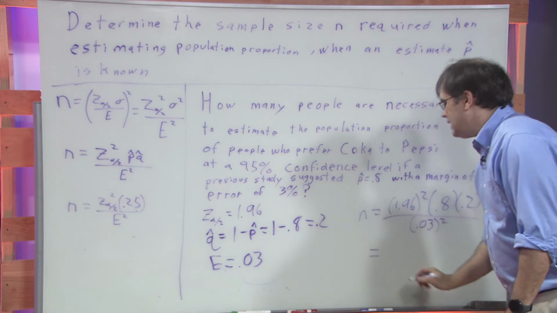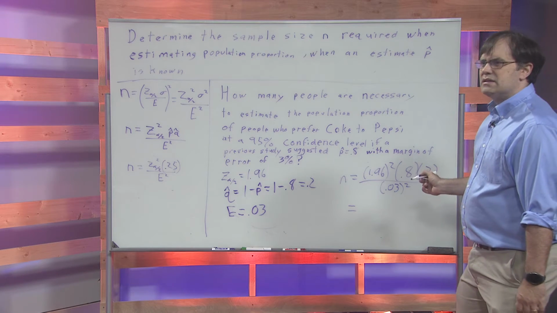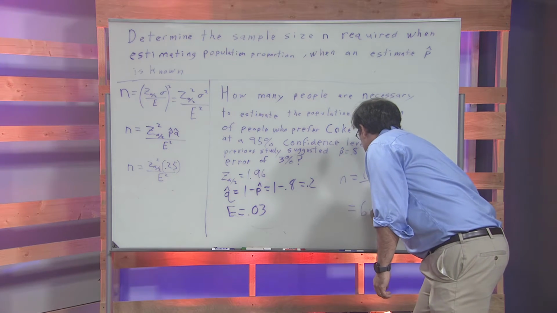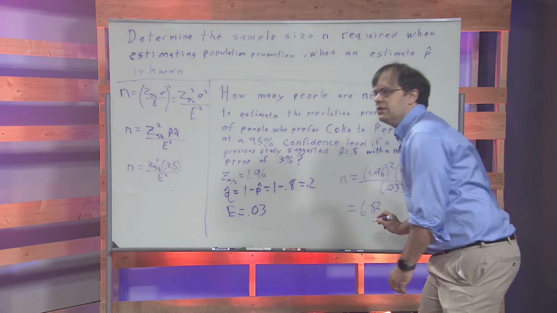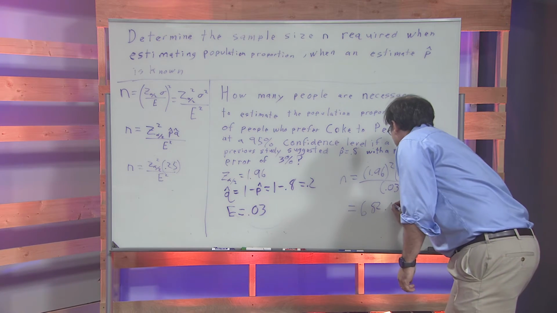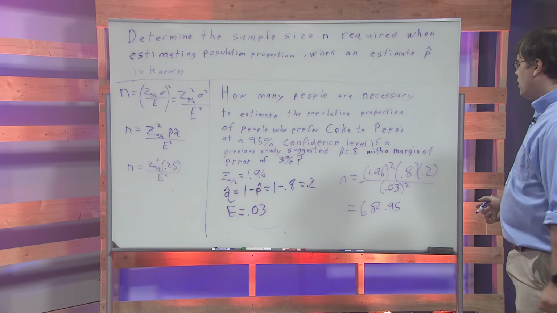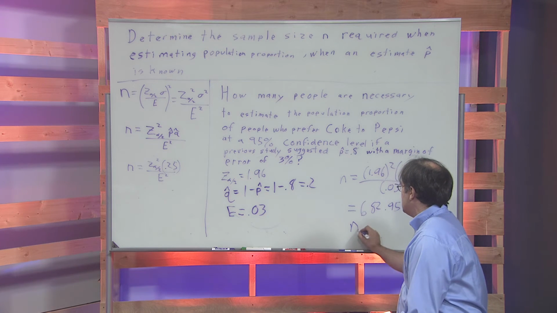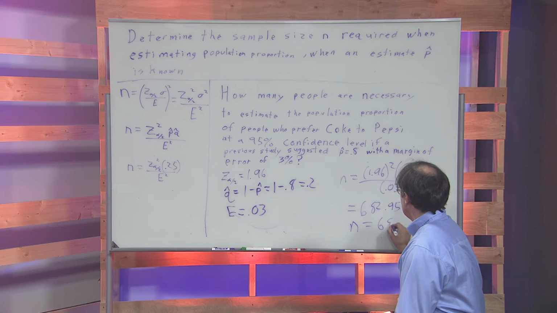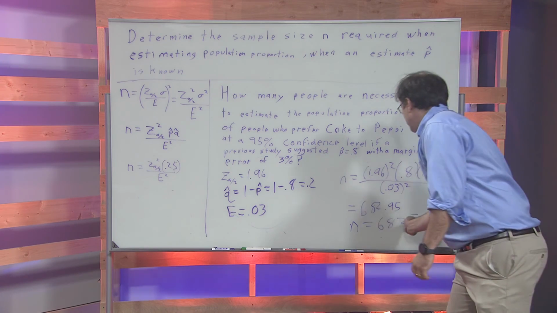And if you plug that into your calculator, what you will get is 682.95. And again, you always round up on these estimates. So this one, your final answer is that n equals 683, and that is your final answer.